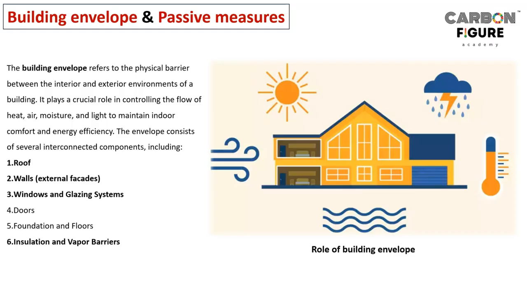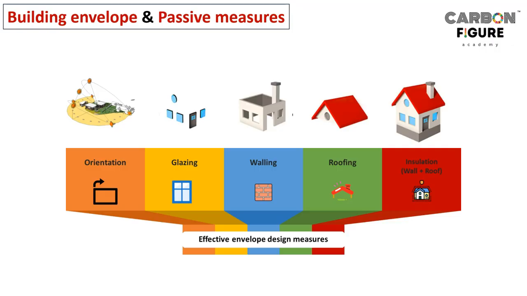Out of these six, the components we are interested in are the roof, walls, windows and glazings, and insulation and vapor barriers, because through these the heat ingress mainly comes into the building space regularly. So these need attention.